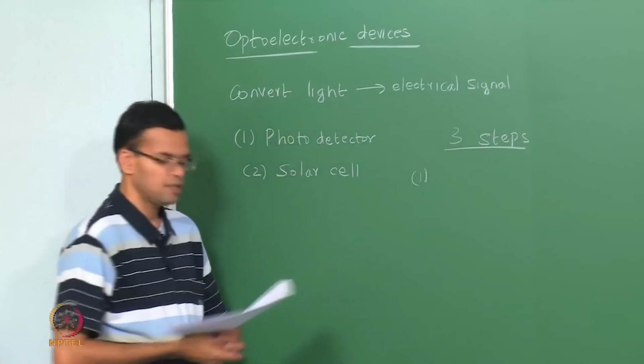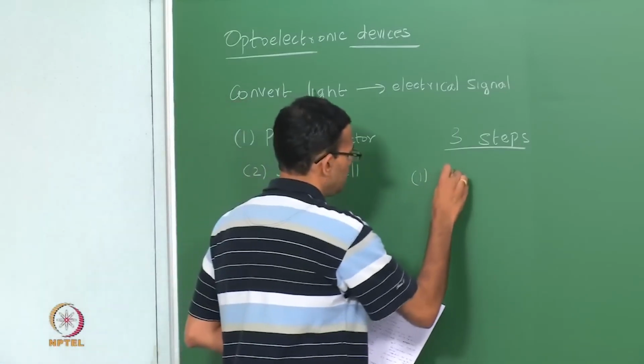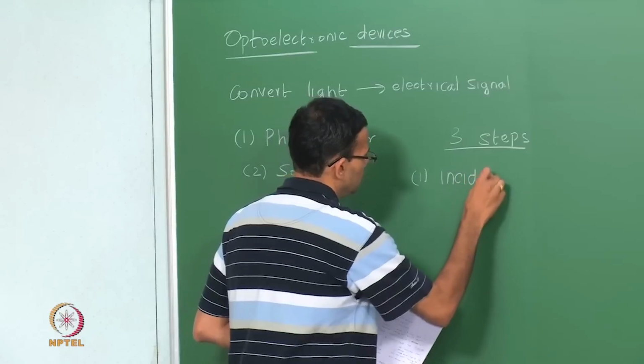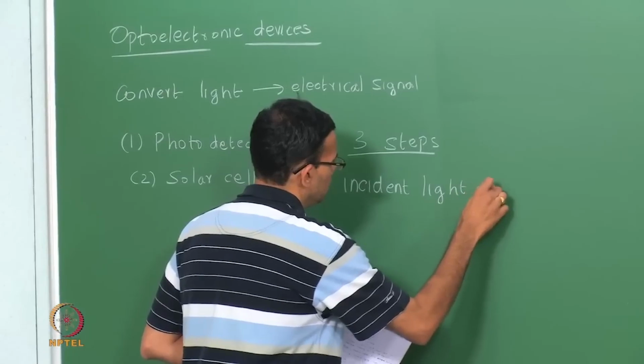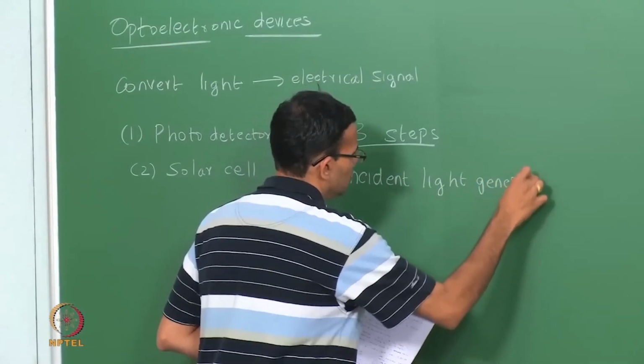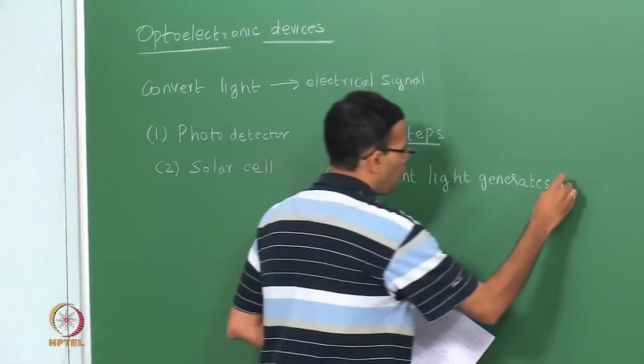So, in the first case, your incident light generates carriers in the device. When we talk about carriers, these are your electron hole pairs.